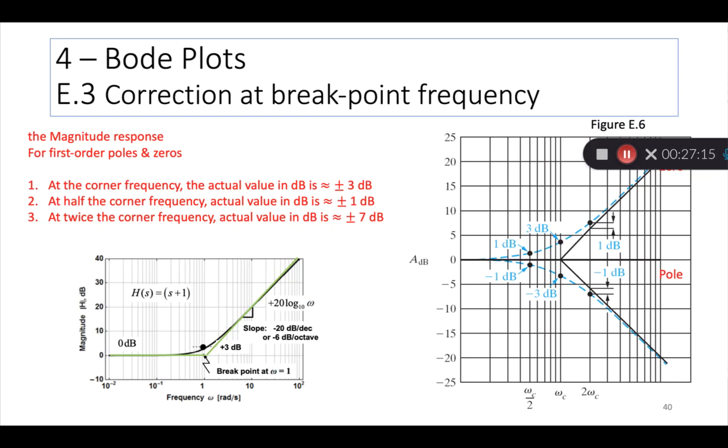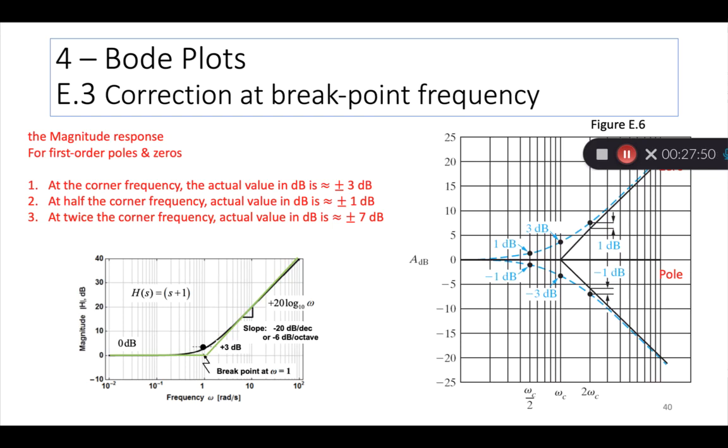they're easy and quick to draw. They're straight lines, right? So anytime you have a problem, you can take semi-log paper and just draw some straight lines with your pencil and ruler, and you have a good idea. But there are some rules that tell you exactly what corrections you need to make to the straight lines so that the actual curves of the magnitude and the phase angle can also be shown.